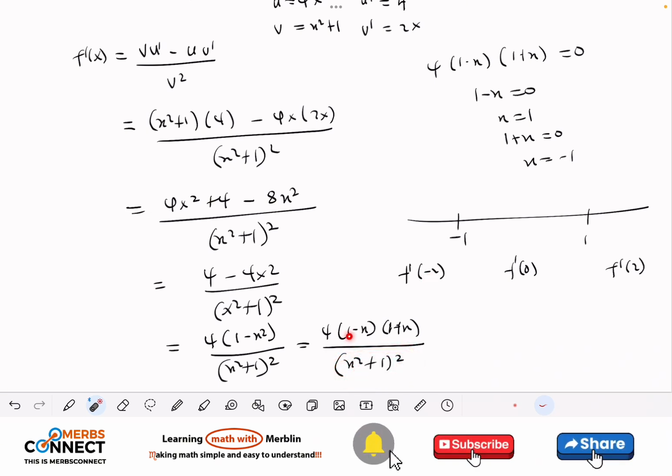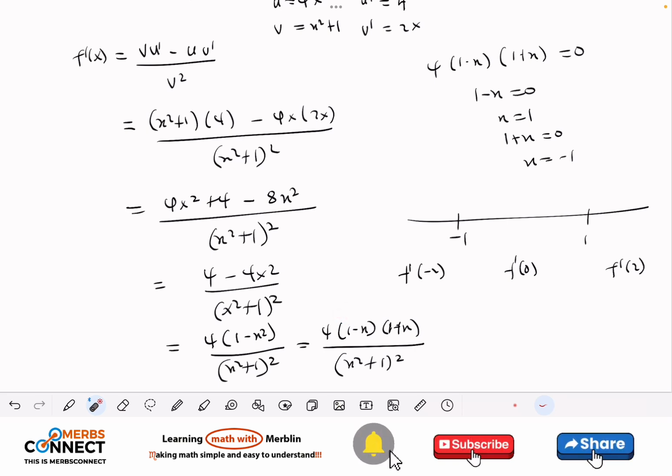When I plug in minus 2, this one will be minus. When I plug in minus 2, this one too is going to be minus. Minus minus will be positive, right? Or let me check.